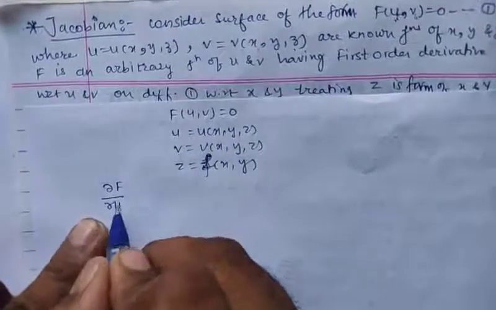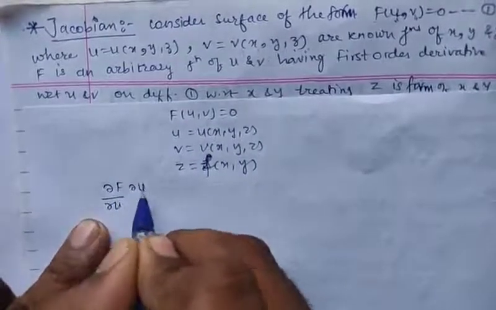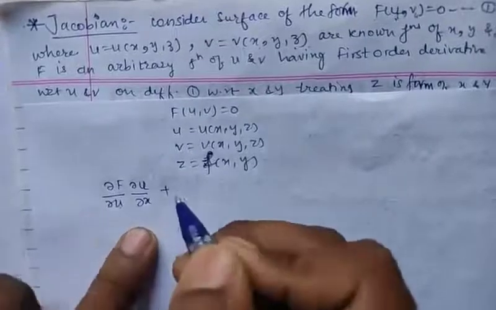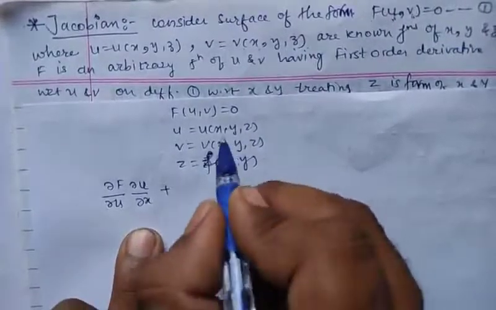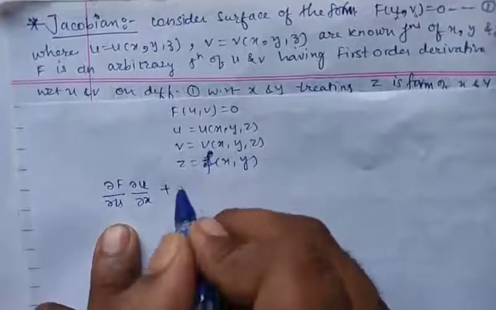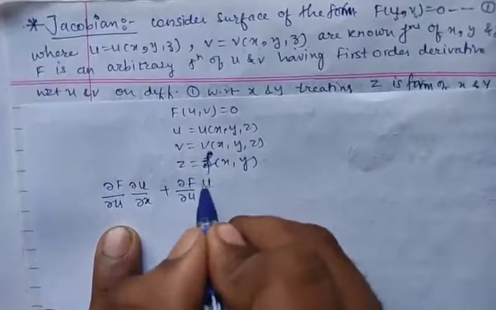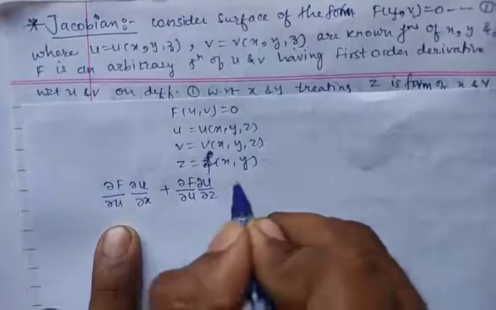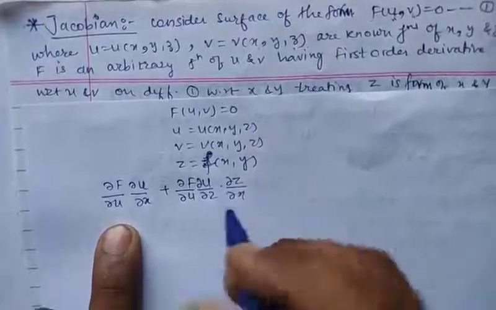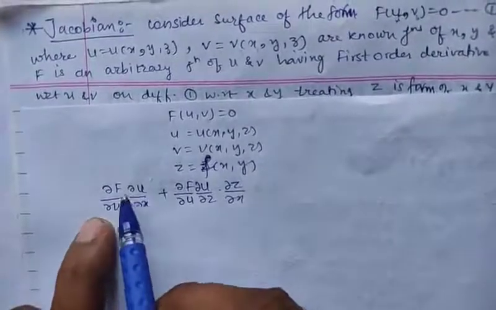So del f by del u and del u by del x, plus next I will take del f by del u and del u by del z and del z by del x. How can it be done?